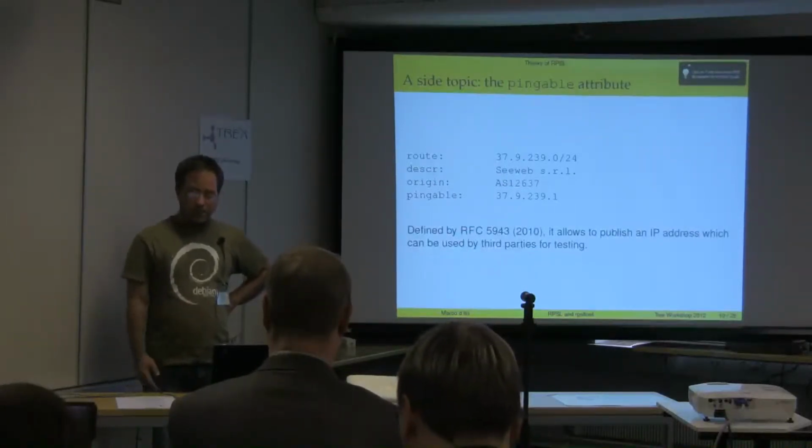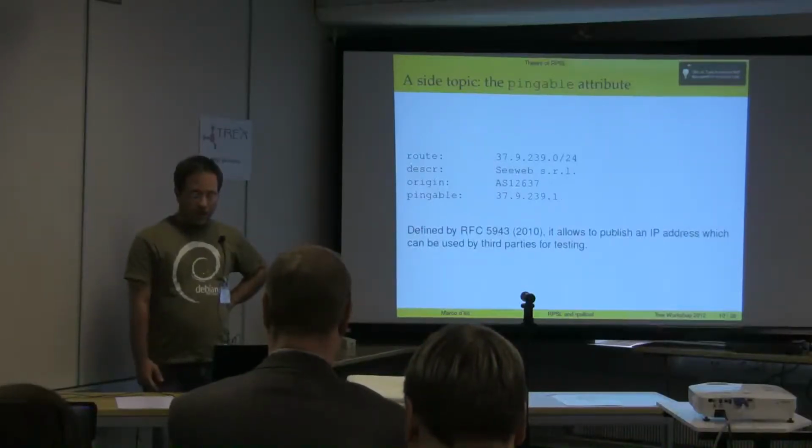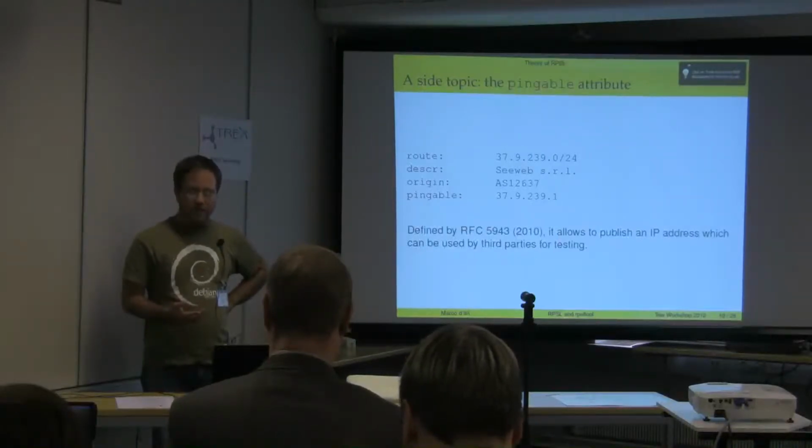This is a real-world example of one of my route objects. I published this IP address, which is anycasted over my network and can be used by other operators to check reachability of my network.